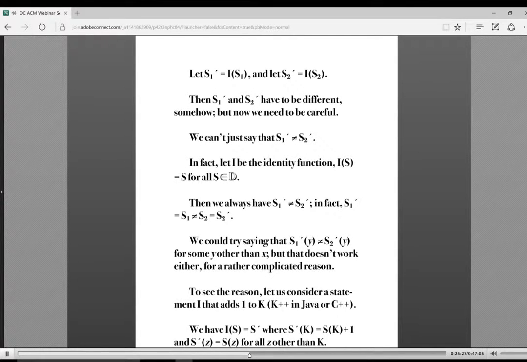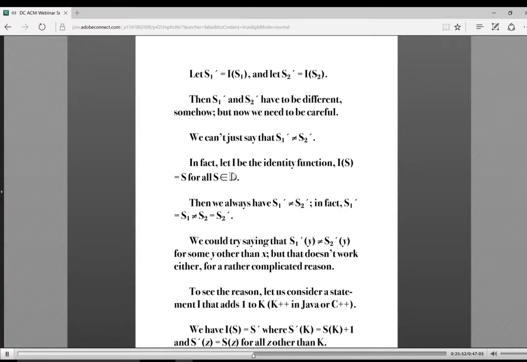Let S1 prime equals I of S1, and let S2 prime equals I of S2. Then S1 prime and S2 prime have to be different somehow, but now we need to be careful. We can't just say that S1 prime is unequal to S2 prime. That would happen all the time. In fact, let I be the identity function.